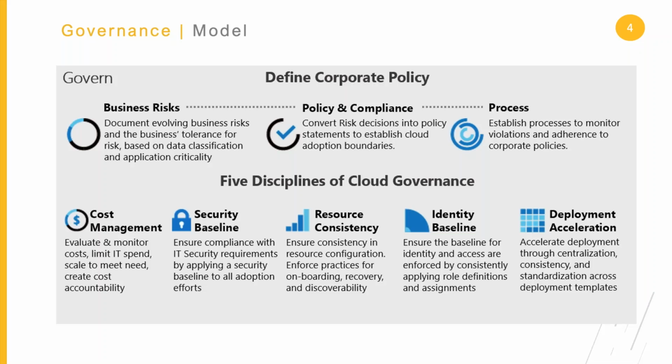So the governance models are designed with the vision of reaching a state that incrementally can build trust and confidence while achieving your business goals. So governance has 5 actionable disciplines that enable your organization to modernize and reach the business goals. These are cost management, security baseline, resource consistency and management, identity baseline, and deployment acceleration.